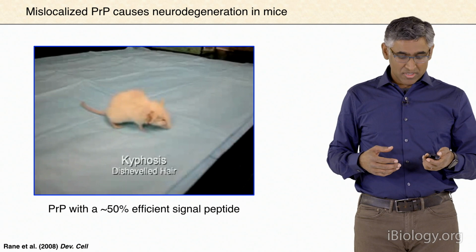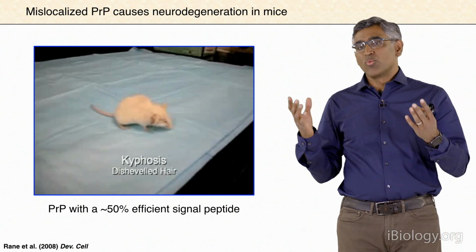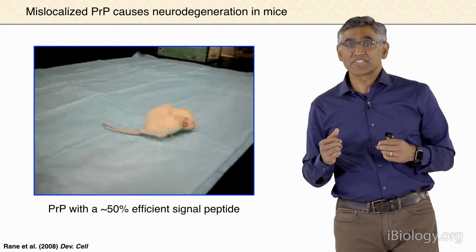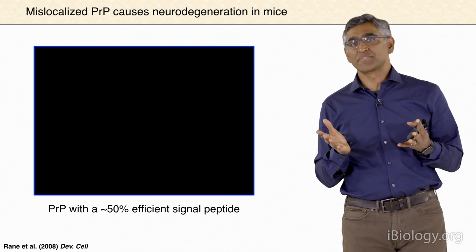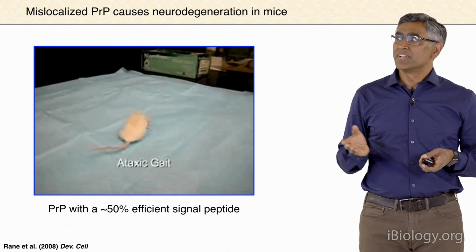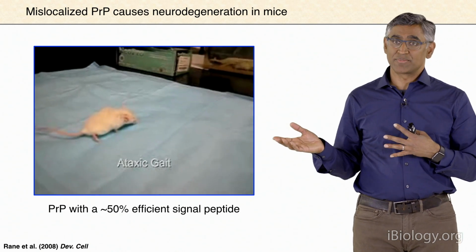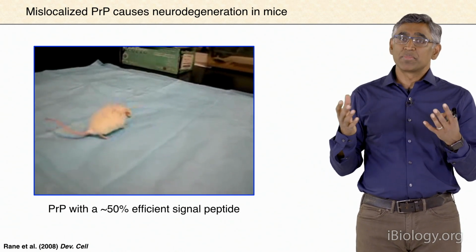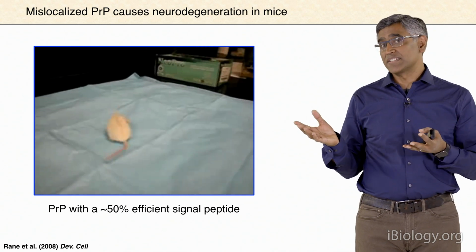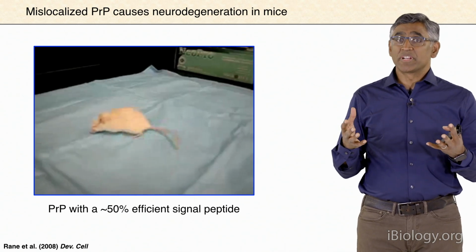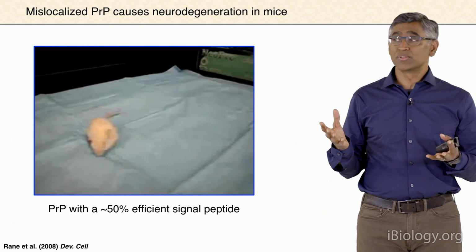So what then happens when you have chronic mistranslocation? And the reason we were interested in this is because we showed that under ER stress, about 50% of the protein gets rejected. And it's been observed that under various disease conditions, cells experience various types of stress, including ER stress.